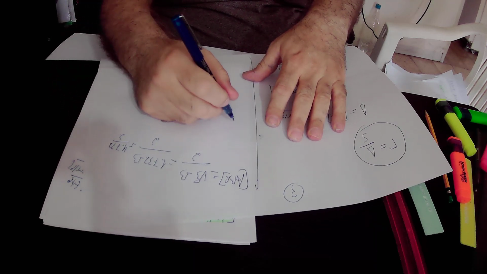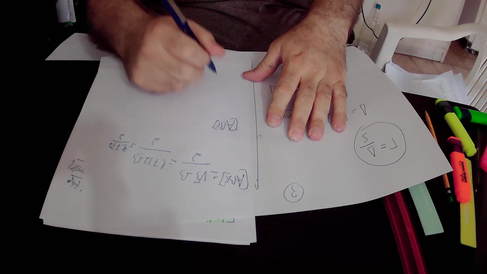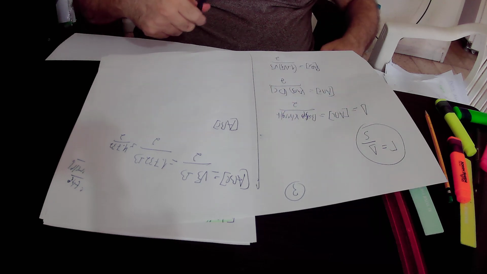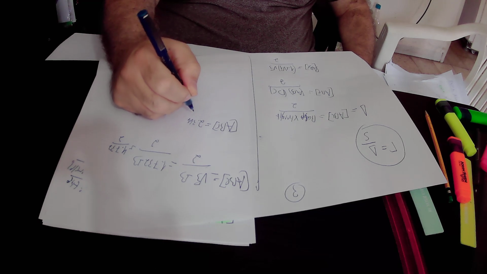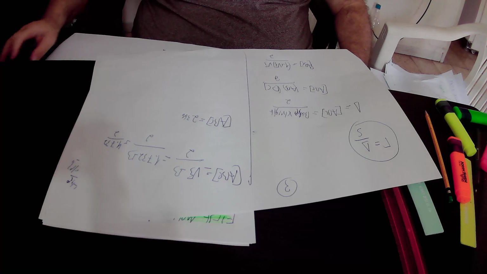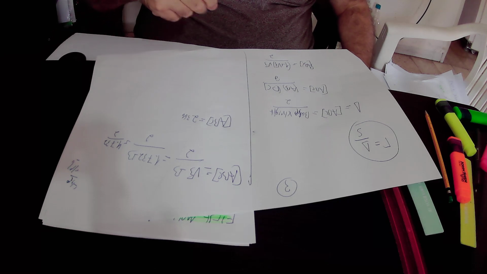So we actually found out that the area of triangle ABC equals 2.366 square units. Check if I'm not wrong. Okay, it is equal to 2.366 square units.